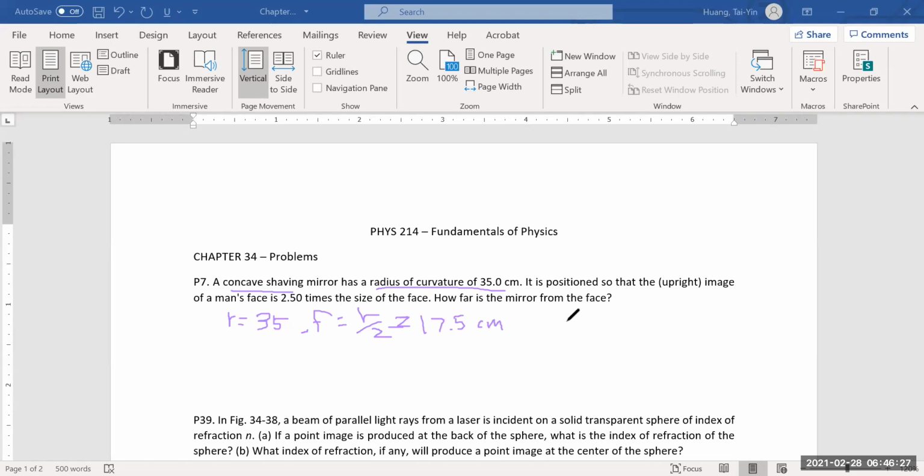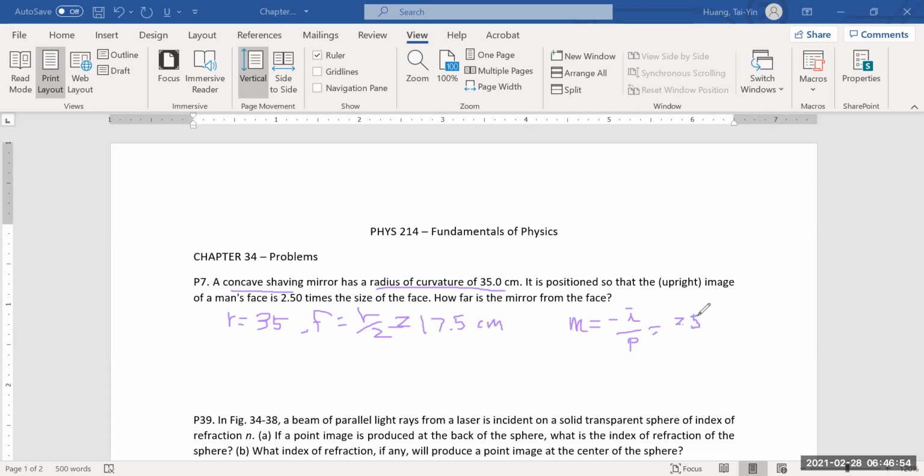So in other words, if you remember, we have the magnification. Magnification has two expressions. One is the image height over the object height, and also that's equal to negative I over P. In this case, we know that the magnification is 2.5.